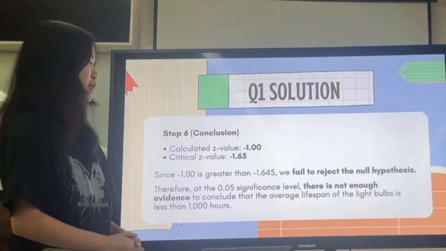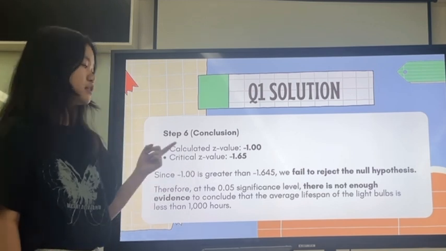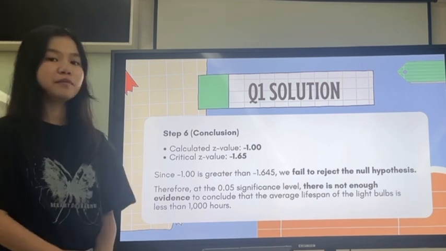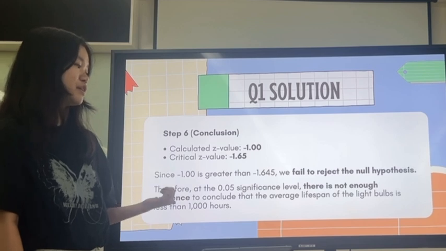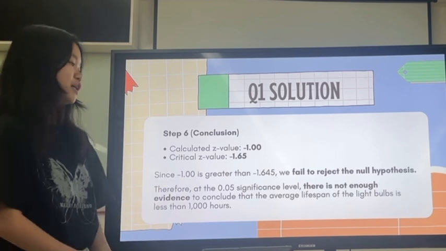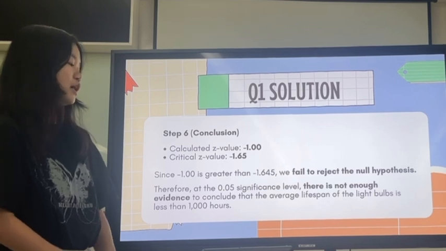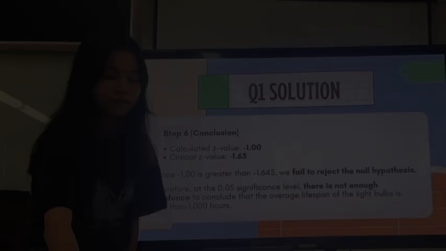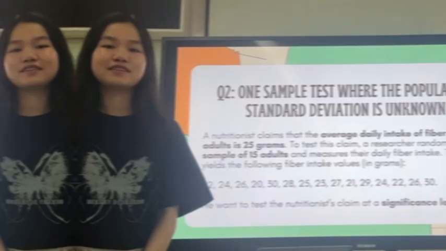So the conclusion is, since the Z value is minus 1 and the critical value is minus 1.65, the null hypothesis fails to be rejected. Therefore, at the 0.05 significance level, we can conclude that there is not enough evidence that the average lifespan of the light bulbs is less than 1,000 hours. We also calculated in Python and the result turns out to be the same.